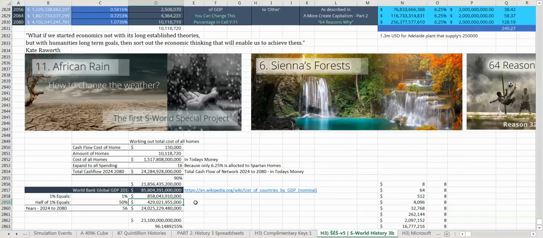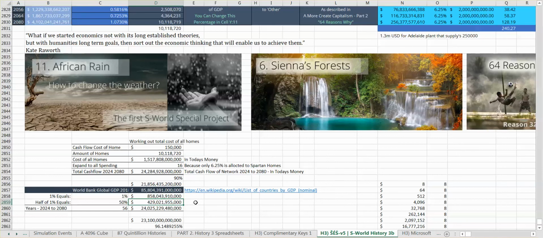We've worked out how much it's made in cash flow, and then we look at a country that has a 0.5% GDP share, which this would be if it starts at 0 and ends at 1% going over 60 years. The median's going to be 0.5%.